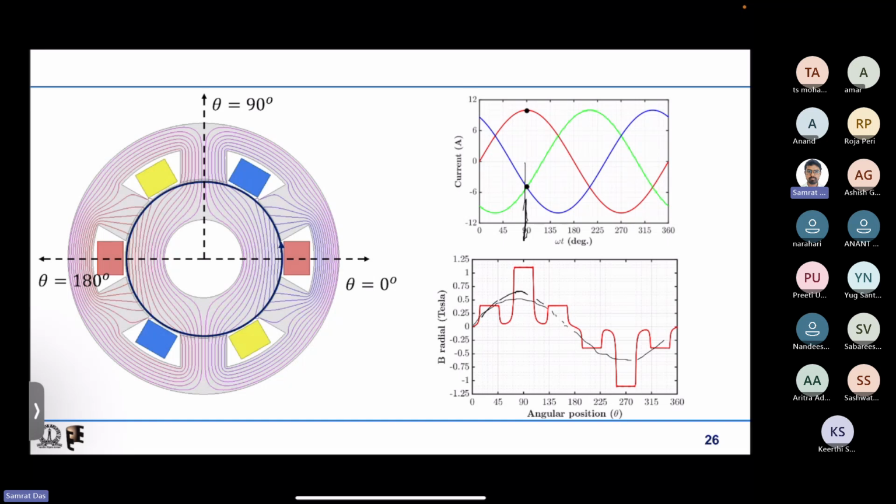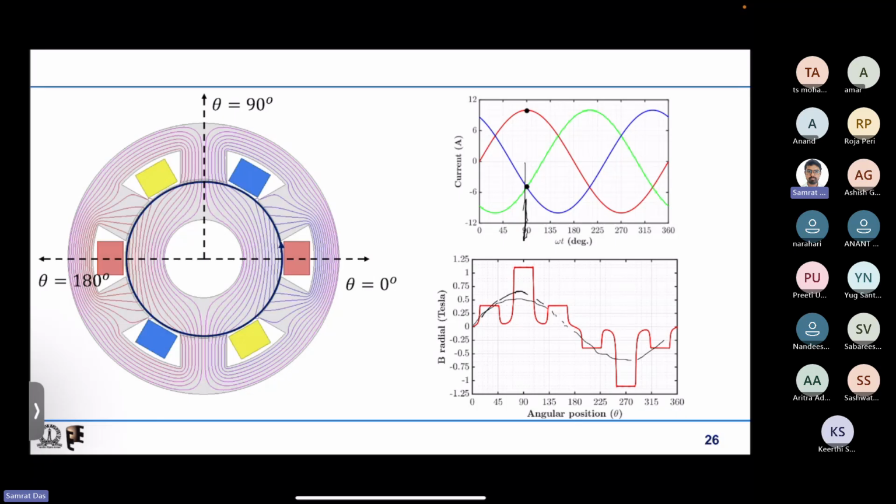By space, what do we mean? It is moving in the air gap, that is, physical space. So it is moving in physical space at the same rate, that is, it has also moved by 90 degrees. Now let us look at the animation and confirm that.